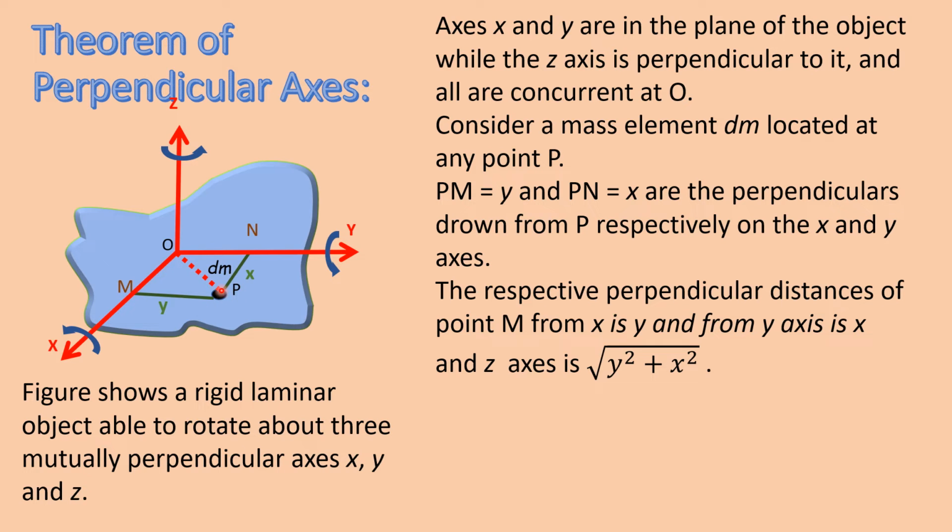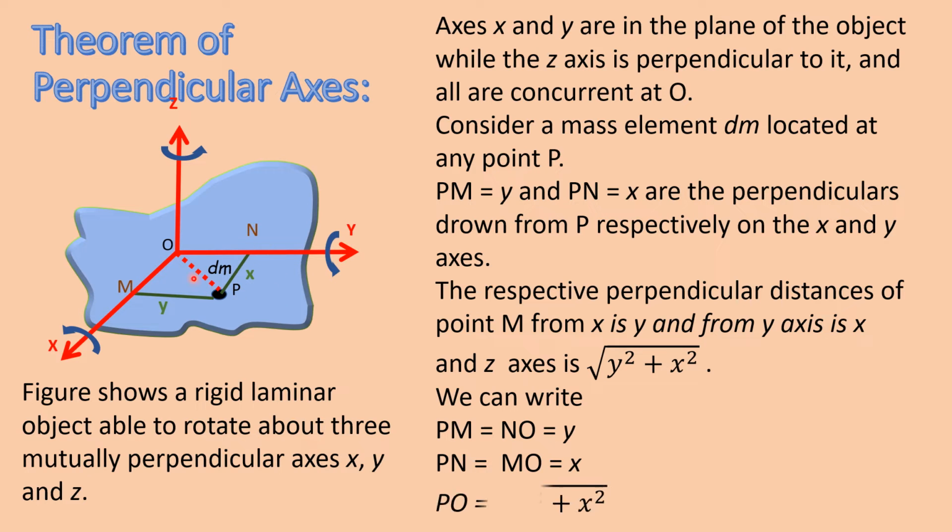Therefore the distance from this perpendicular axis to this point element dm is OP, and it is given by square root of y square plus x square. So we can write PM is equal to NO is equal to y distance. Also, Pn distance is equal to MO distance, that is the x distance, and OP distance is equal to square root of y square plus x square.